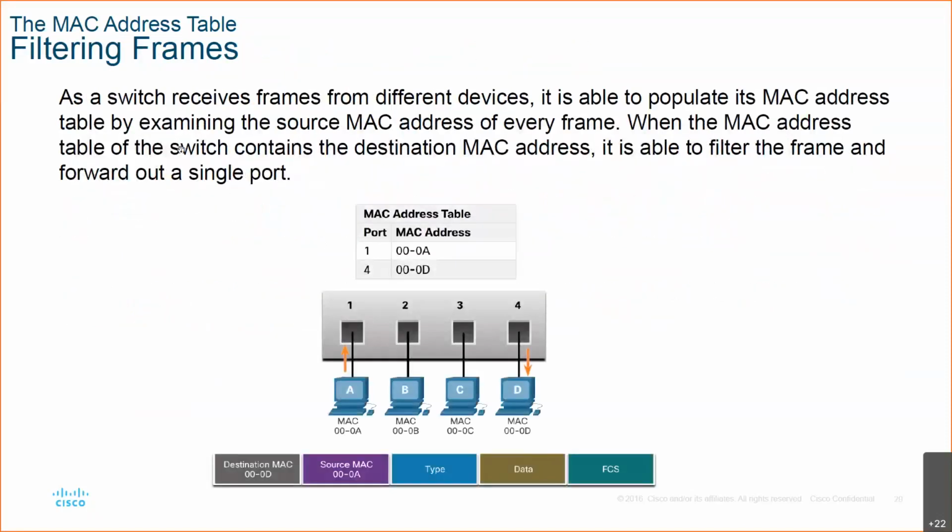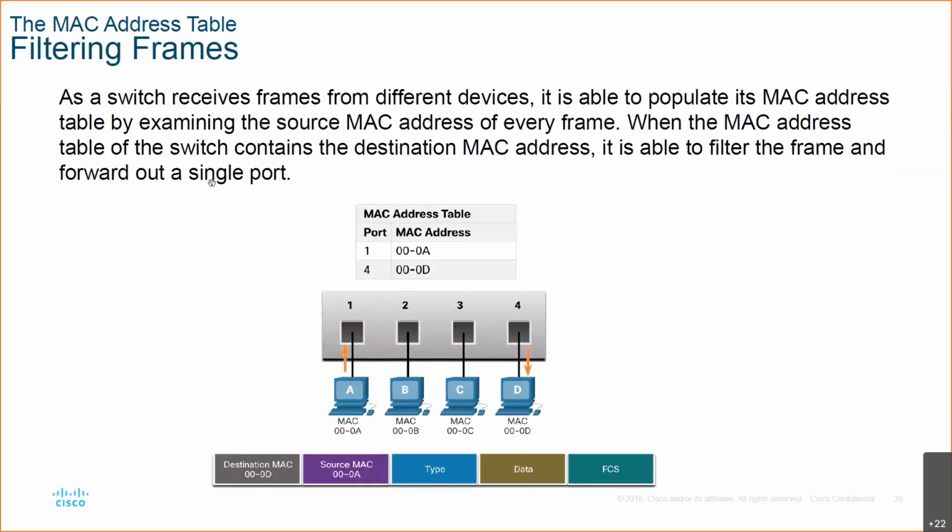So as a switch receives frames from different devices, it is able to update its MAC address table. Every time you connect to a port on the switch, you are updating the table inside the switch, which has a list of all the MAC addresses.